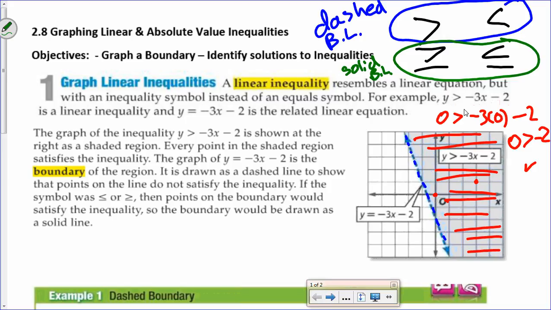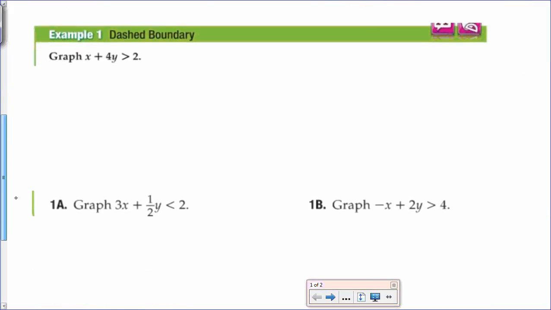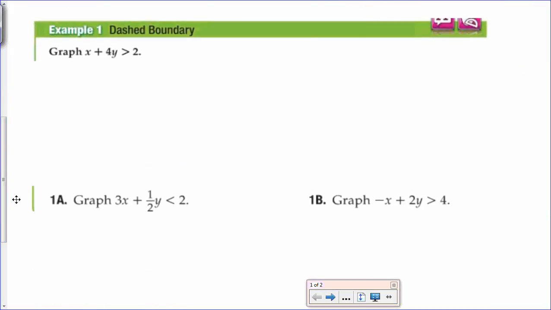So we'll look at example 1 here. This one is going to have a dashed boundary line. We're graphing the inequality x plus 4y is greater than 2. There are a couple of different ways to approach this.